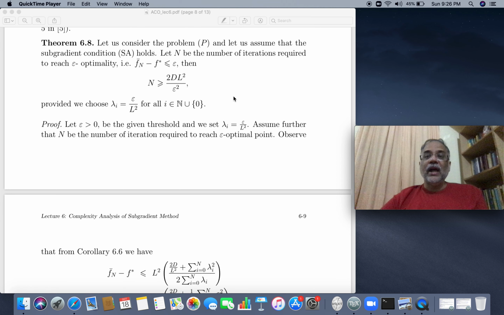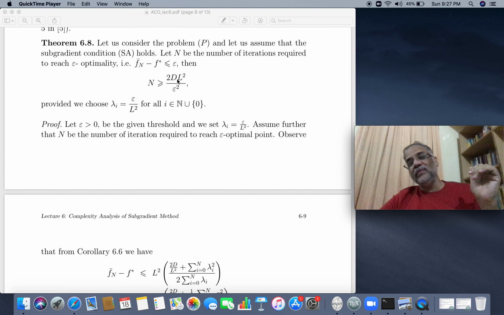So when you have a big O of some power of the threshold, then we say that the problem actually works in polynomial time.